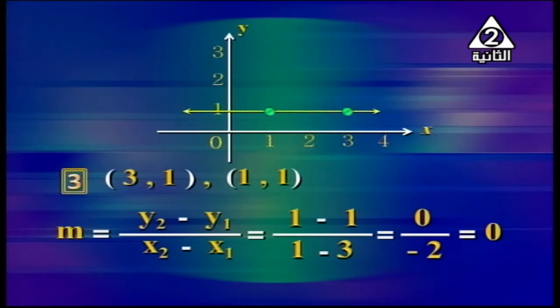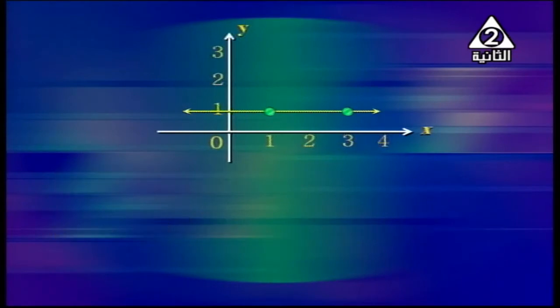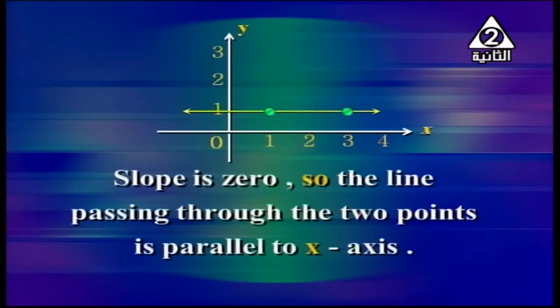Yes, that's correct. When the slope of the straight line equals 0, you are going to notice that the straight line will be parallel to the x-axis. So the slope is 0 and the straight line is parallel to the x-axis, and this is the 3rd case of the slope of the straight line.